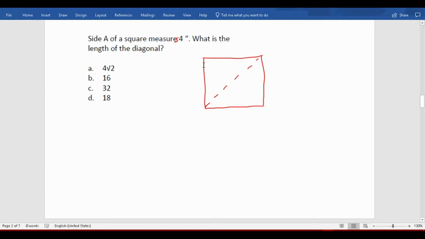And as we know, all squares have 4 right angles. And the shapes we create when we cut the square in half with the diagonal are right triangles. And what's more, we also know that all sides of a square are equal.